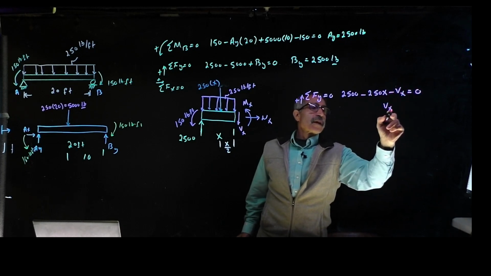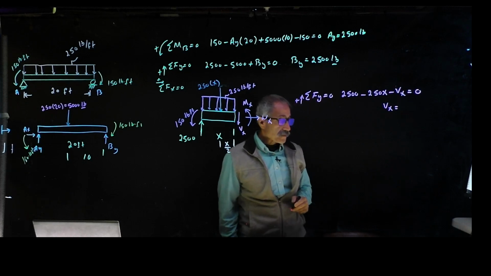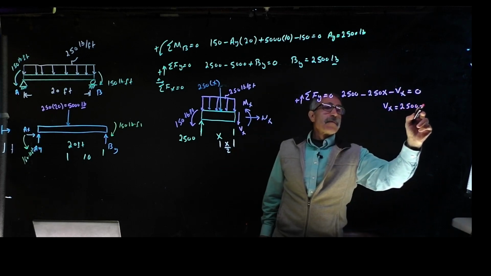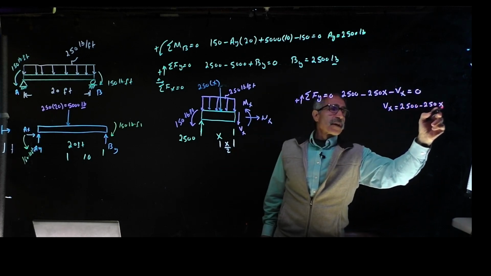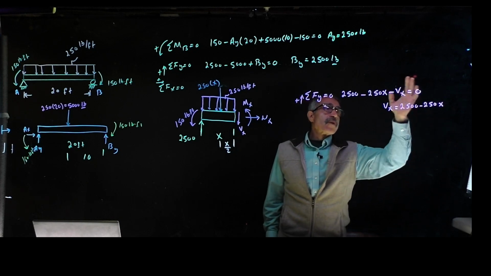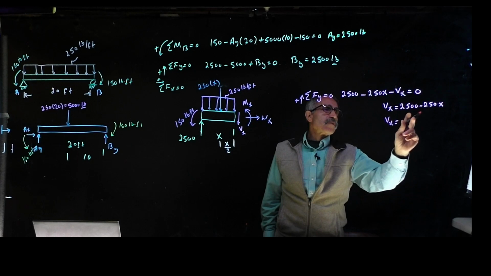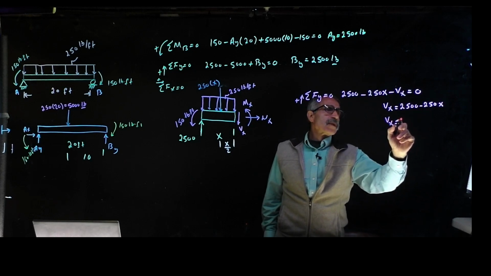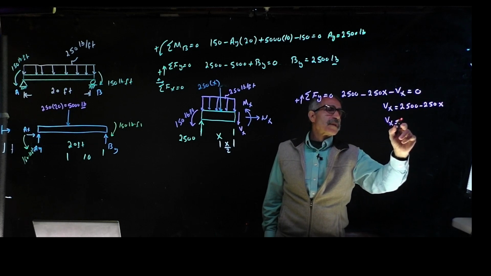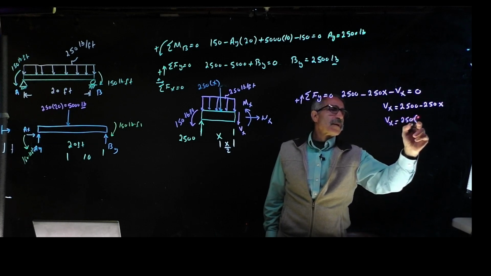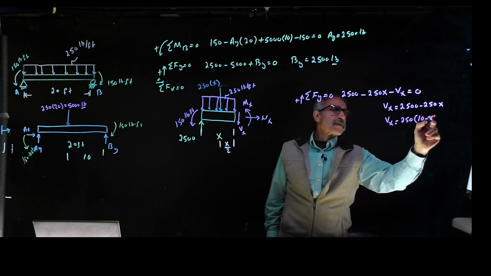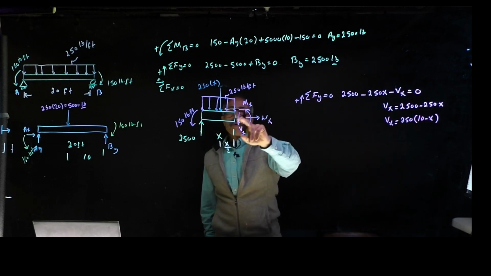So my Vx comes out to 2,500 minus 250x. And if you remember from old days algebra, we can say Vx is equal, if we factor 10 out, to 250 times 10 minus x.